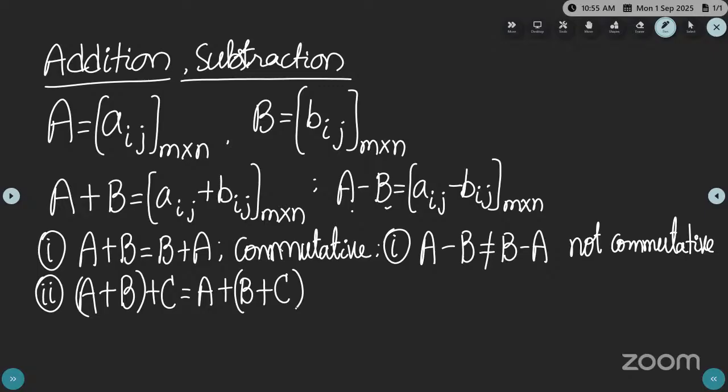In any association, a minimum of 3 members are required. In order to write the associative property, we need 3 matrices. Minimum 3 matrices required. Clear? So, A plus B plus C equal to A plus B plus C. This is called associative.